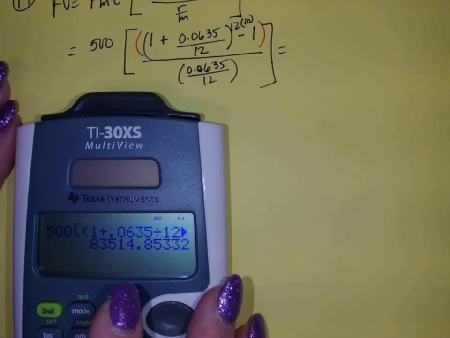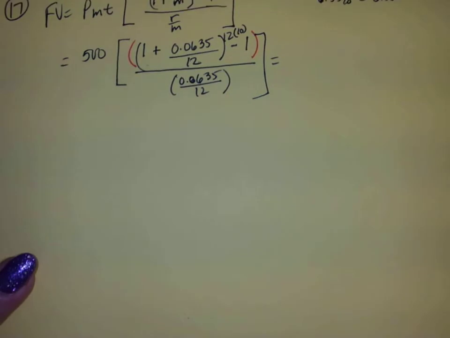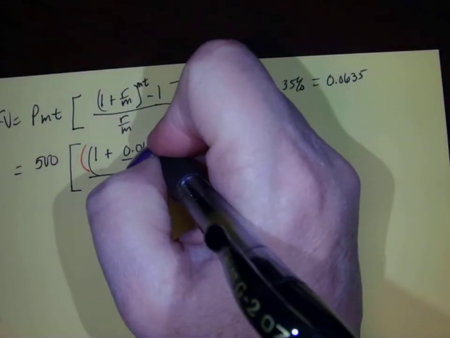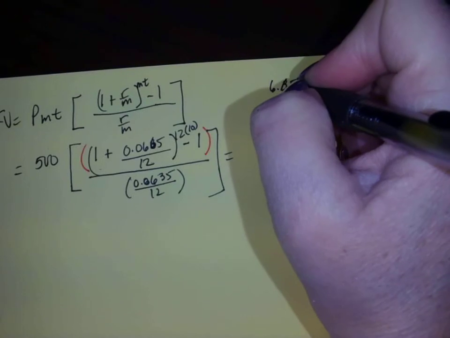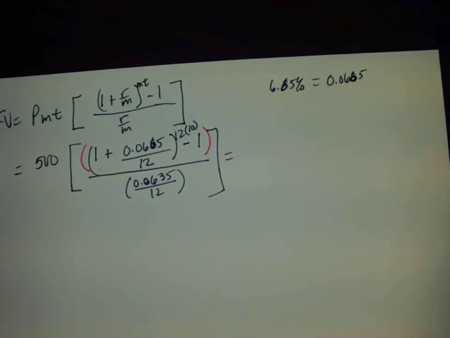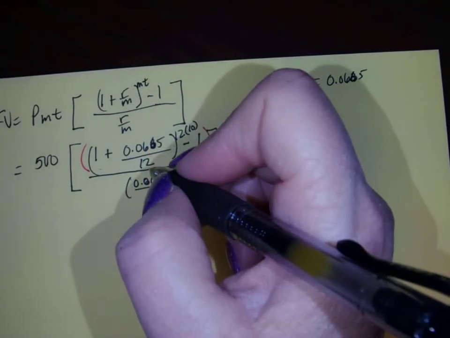All right, so I wrote down the wrong interest rate. I looked at number 18. So this should be a 6.65, and I'm changing this because my students are like, wait a minute, Miss Stewart. That was 6.65. I was looking at number 18 at the same time.